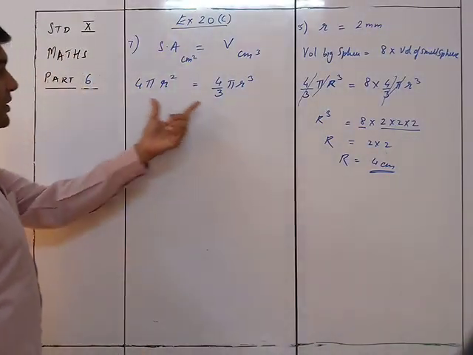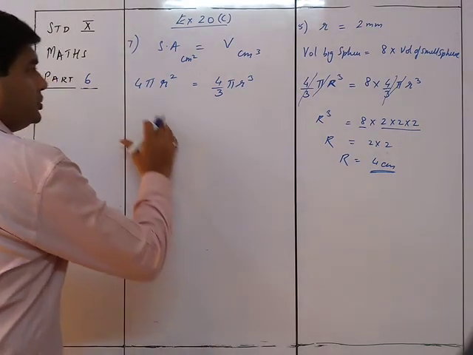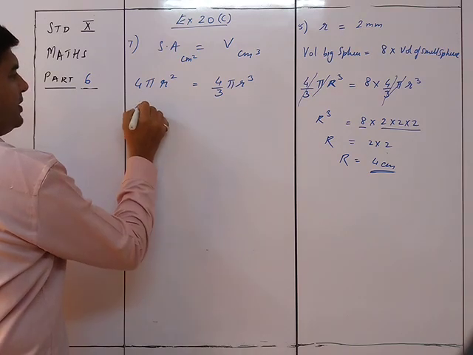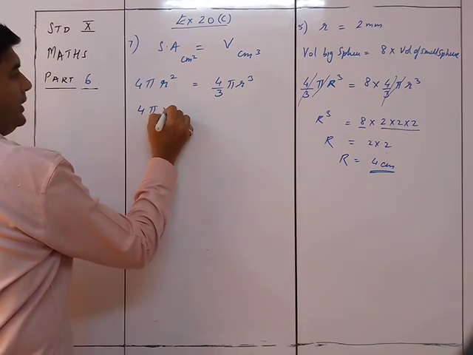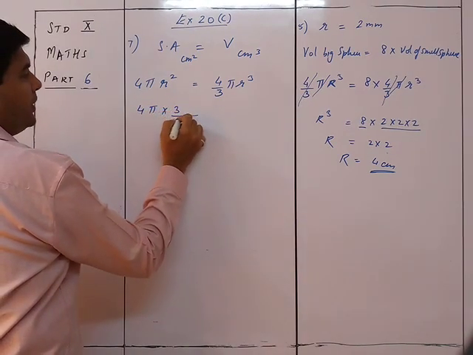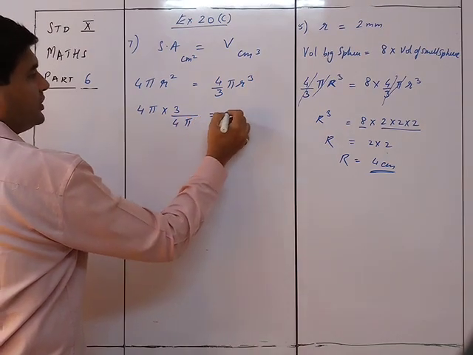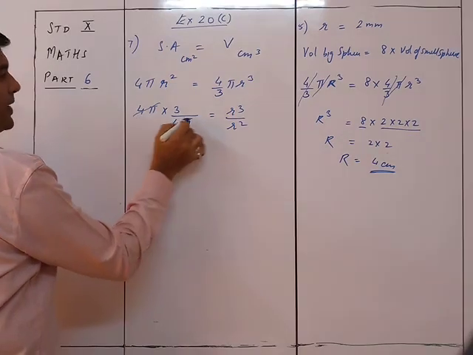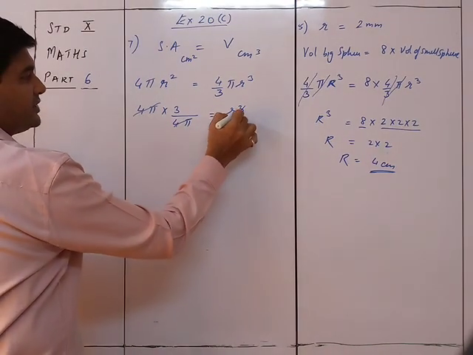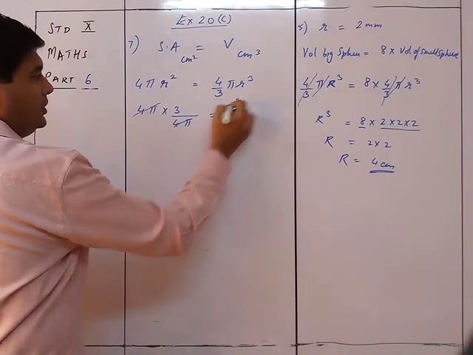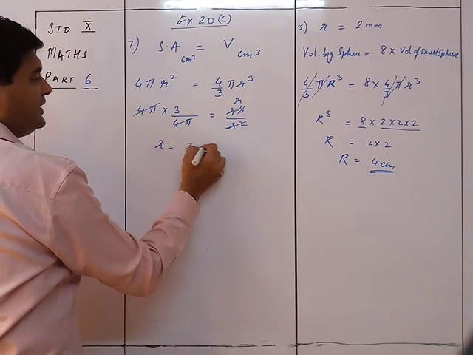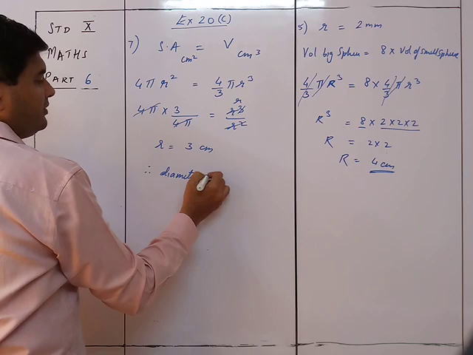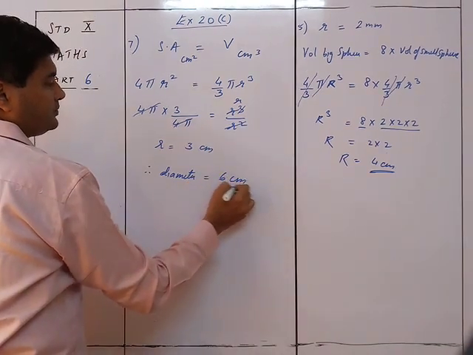Because numerically the value is the same. If I take the r square on this side and the others on the other side, it will be 4 pi into 3 upon 4 pi equals r cube upon r square. 4 pi cancels, r square cancels, so you get r. So here r is equal to 3 centimeters. Therefore the diameter is equal to 6 centimeters.